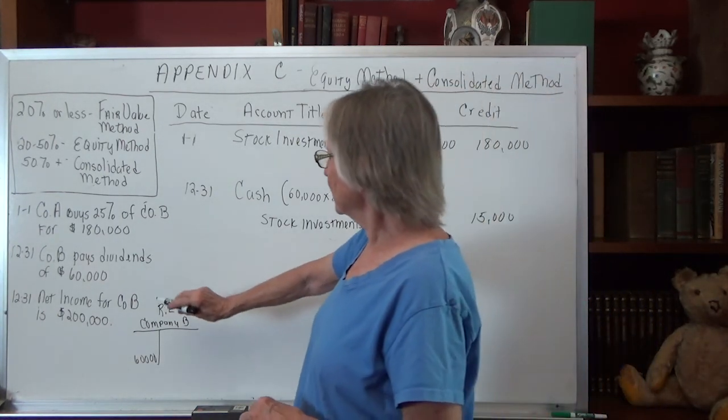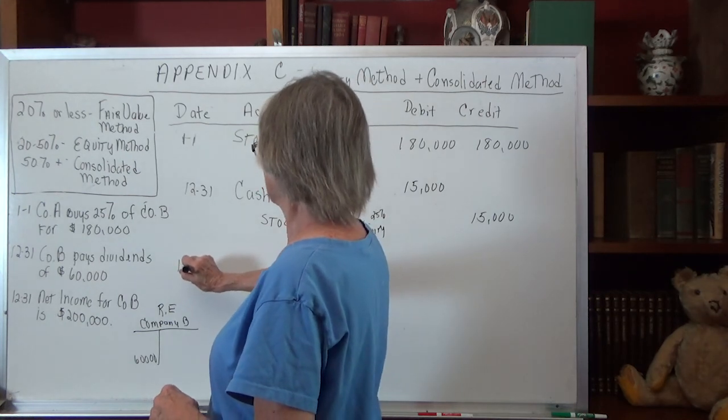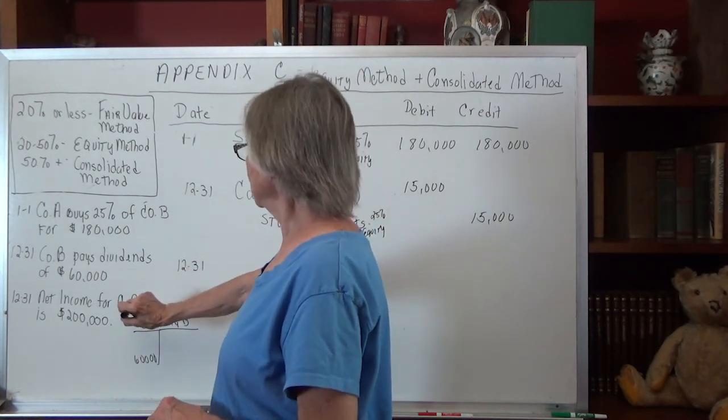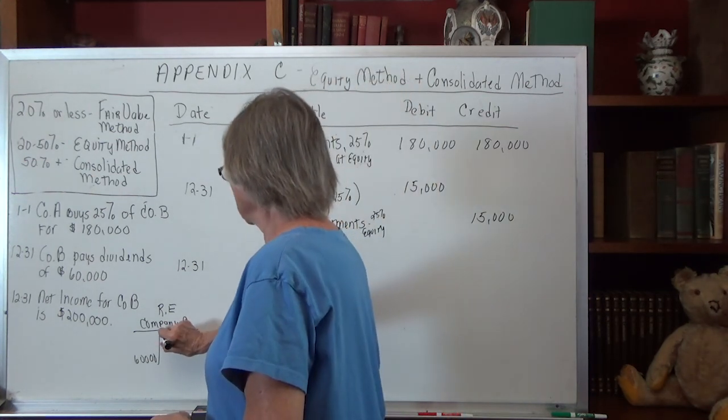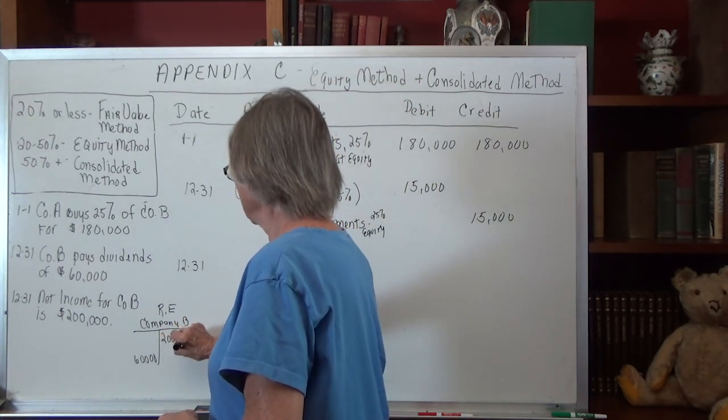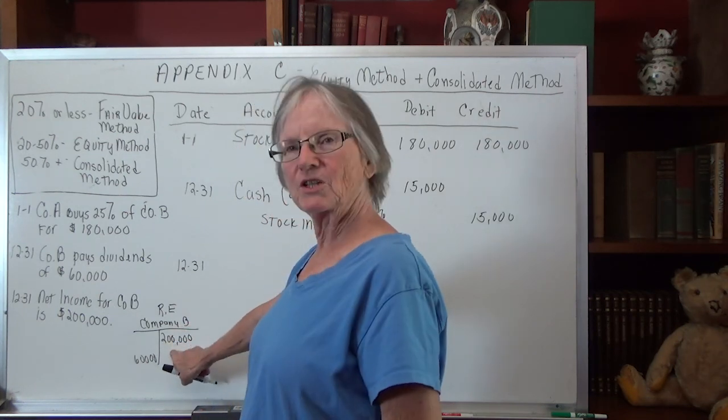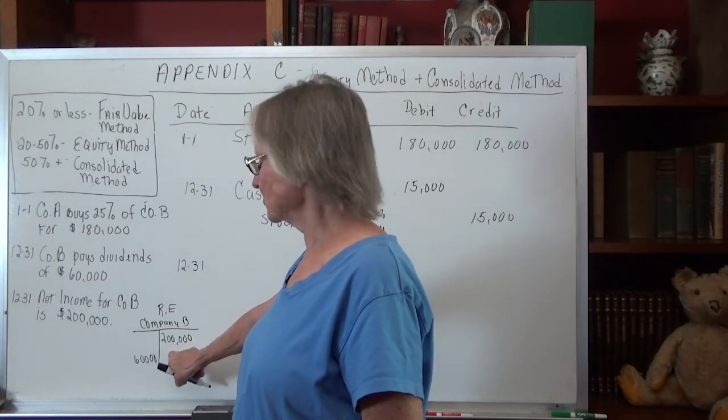Now the other thing that happens is Company B says, okay, our net income for the year was $200,000. So obviously, if this is Company B's retained earnings, that just increased their retained earnings $200,000.